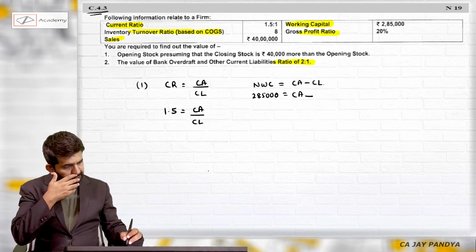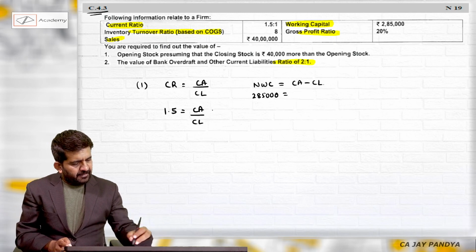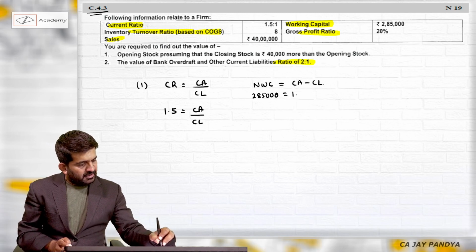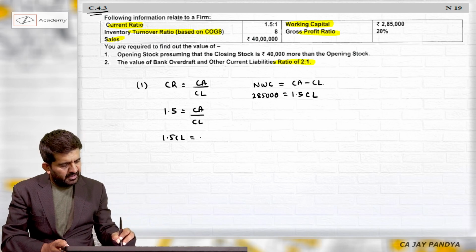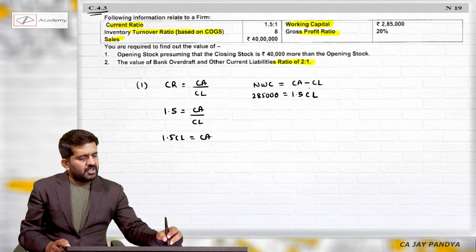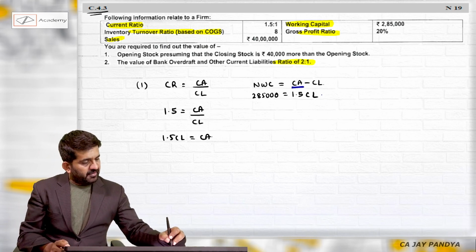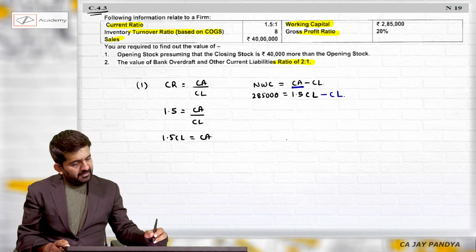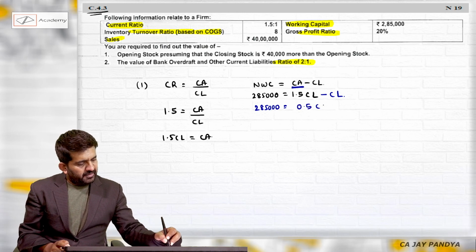Can I say current asset is nothing but 1.5 current liability? So instead of current assets, I can write 1.5 current liability minus current liability. 2,85,000 is equal to 0.5 current liability.